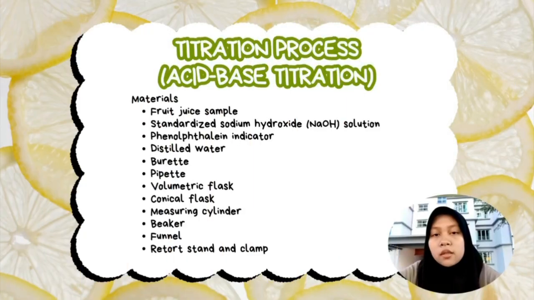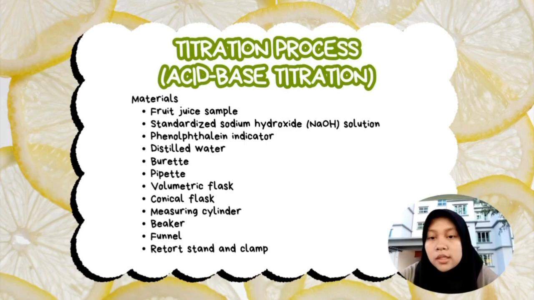Next, I will explain the titration process for determining citric acid content using acid-base titration. So the materials used include the fruit juice sample, standardized sodium hydroxide NaOH solution, phenolphthalein as an indicator, and the required laboratory apparatus such as burette, pipette, and conical flask.